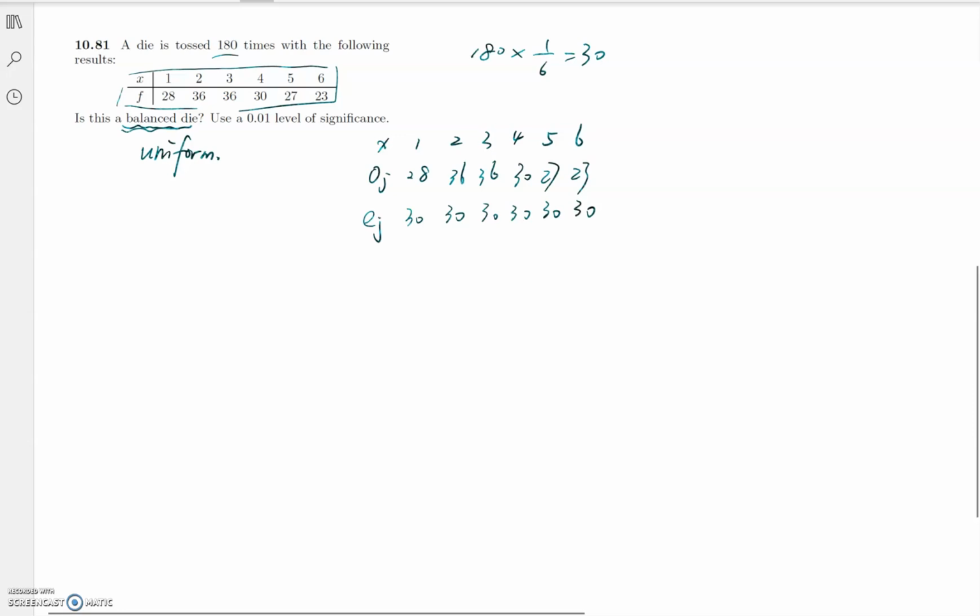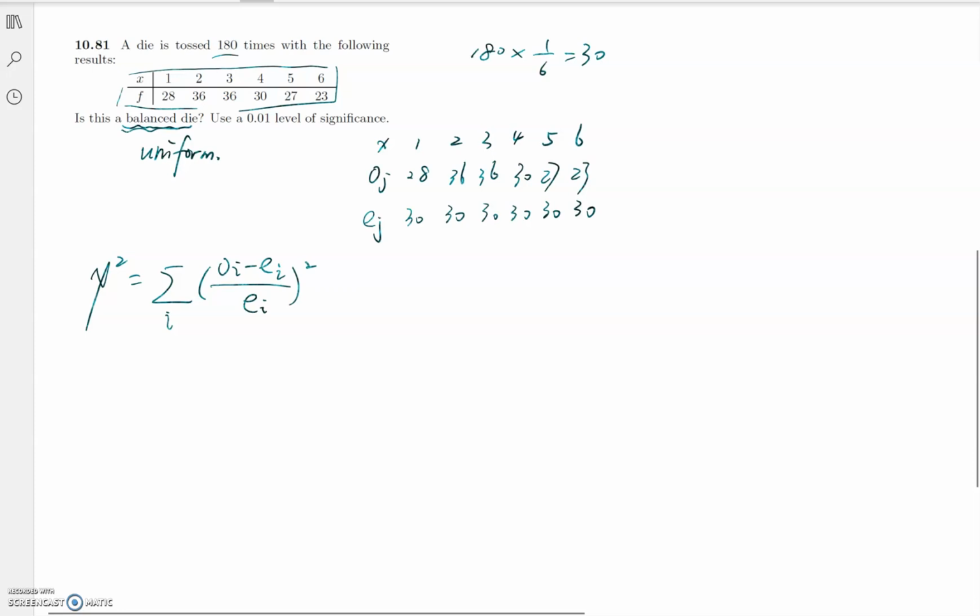So we're going to use this formula: chi-square equals the sum of observed i minus expected i, squared, divided by expected i.